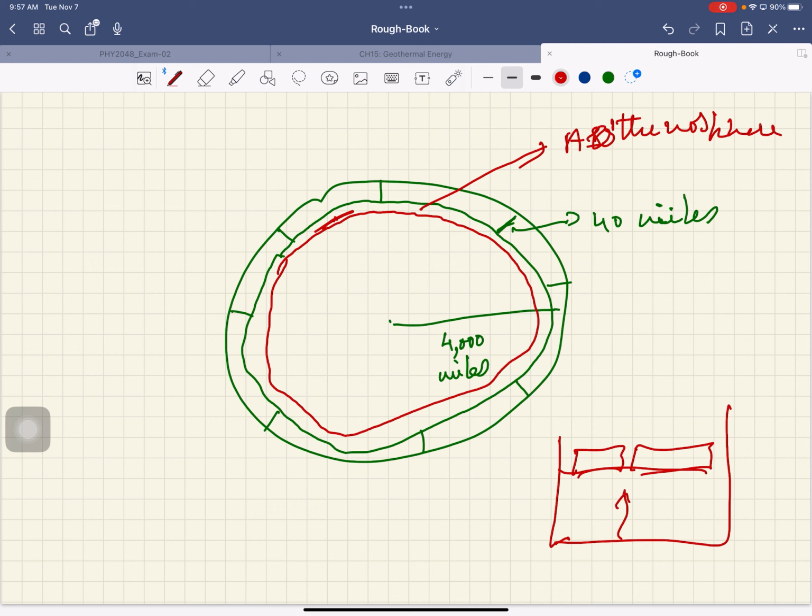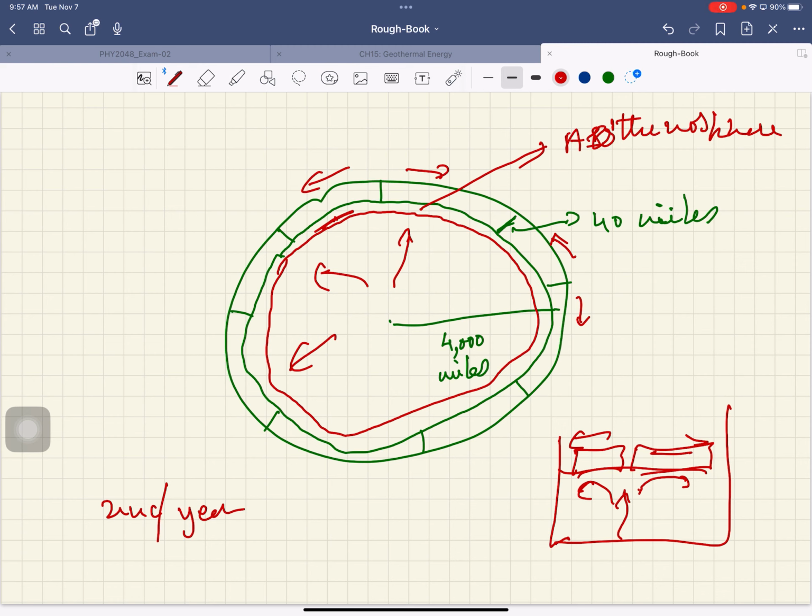As the honey bubbles, it'll push on the plate like that. And these plates are constantly moving, about 2 inches per year, because of this heat rising from the earth. So this plate is moving in that direction, that plate is moving in this direction.